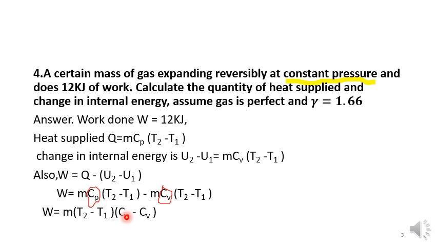Cp minus Cv is equal to R, but they didn't give the R value. They gave only the gamma value. So how will you write Cp minus Cv? I'm taking Cv as common. So it is m(T2 minus T1) Cv into (Cp divided by Cv minus 1). If you bring this Cv into the bracket, Cv in the numerator and Cv in the denominator get cancelled, leaving Cp minus Cv.